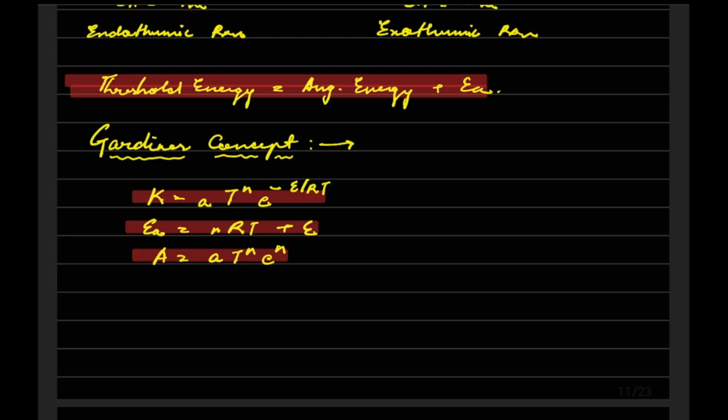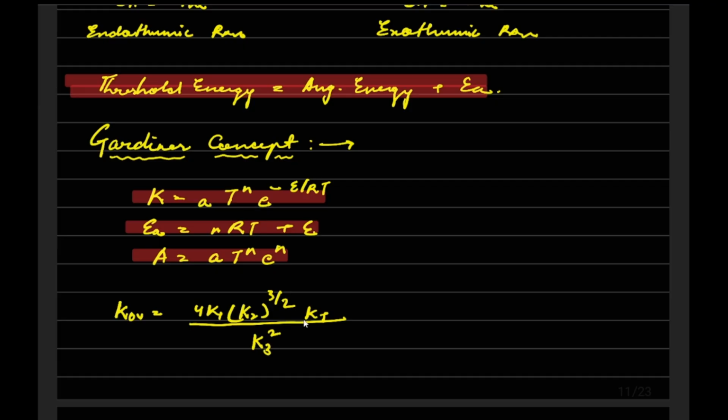That is, if we are given a k overall value. Let's suppose k overall is 4 k1, k2 to the power 3 by 2, k minus 1 divided by k3 to the power 2.